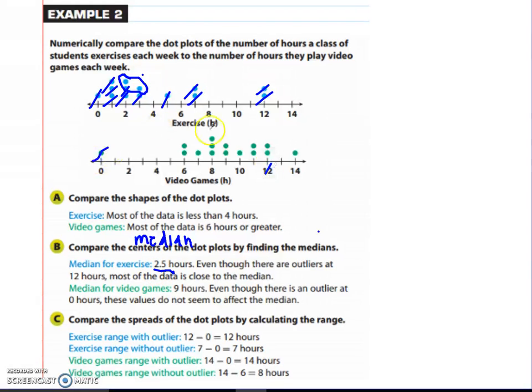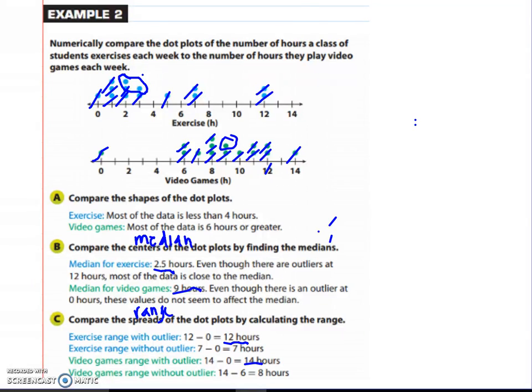The median for video games, 1, 2, 3, 4, 5, 6, 7. The median is 9. Remember, spread is a key word for range. The way that you find range is difference, the largest minus the smallest. So 12 minus 0 is 12. 14 minus 0 is 14.